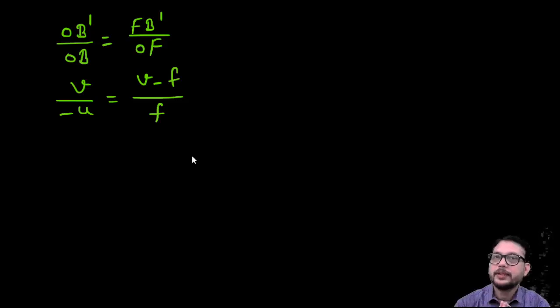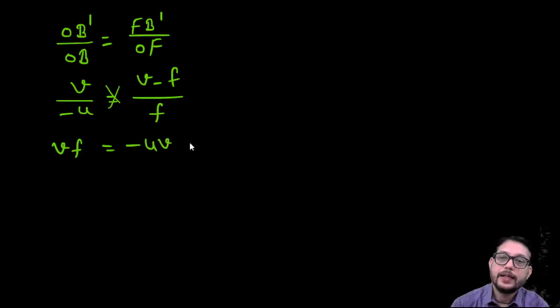So I hope each and every value is clear to all of you. Now what we have to do? Firstly, we will cross multiply it. So we have VF equal to minus UV plus UF.